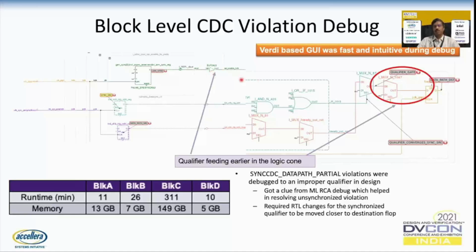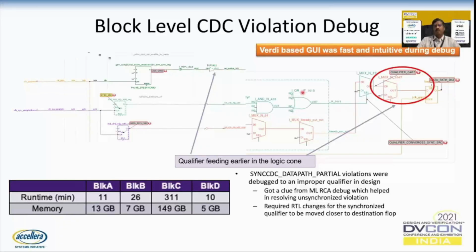Hence, it was not actually qualifying the unsynchronized or the asynchronous logic cone. The clue was provided by the MLRCA feature. This helped us in narrowing down this violation more quickly. Required RTL changes were done for the synchronized qualifier to be moved closer to the destination flop.